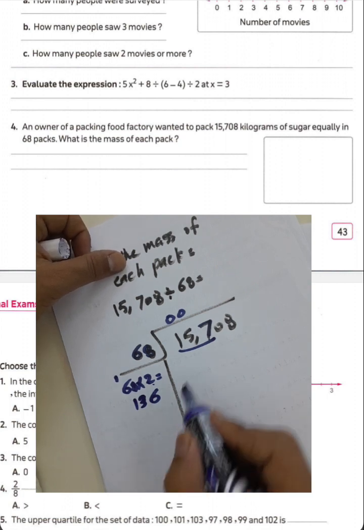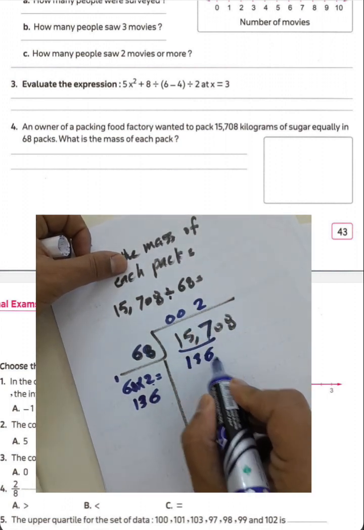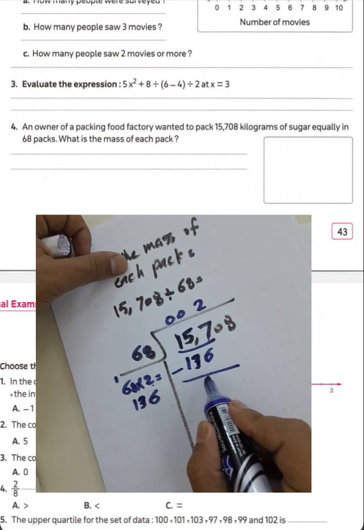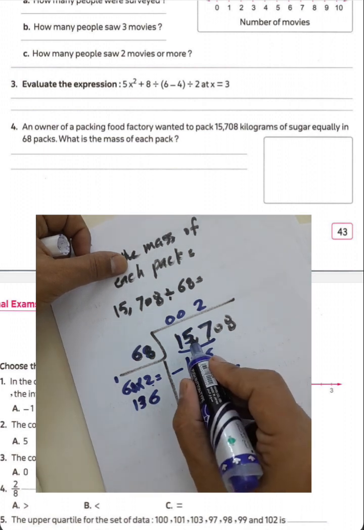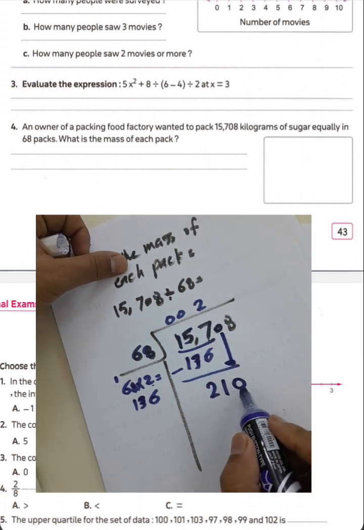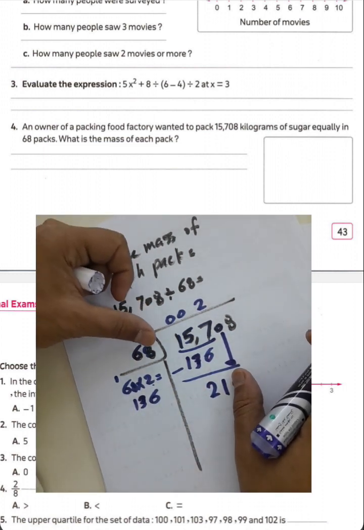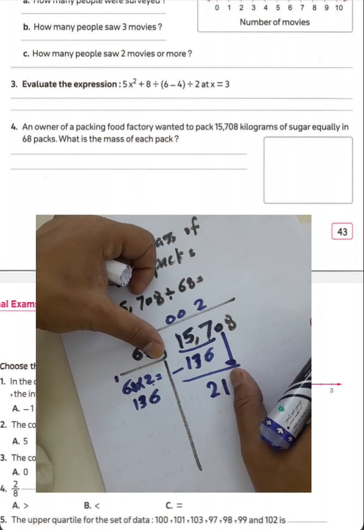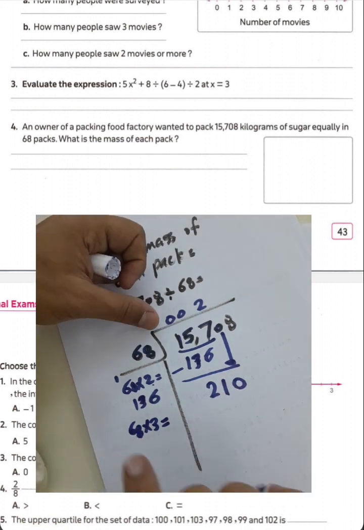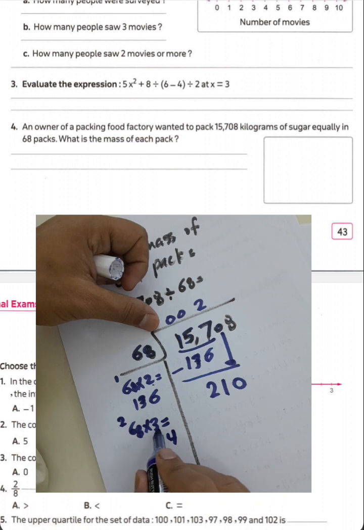So you must put 2 outside in the quotient and write 136 down here, and find the difference between 157 and 136. 7 minus 6 equals 1, and 5 minus 3 equals 2, 1 minus 1 equals 0, and then drop the next digit here, 0. 210 divided by 68, we take 1 digit by 1 digit, and 21 divided by 6, the nearest number will be 18. 3 times 6 equals 18, so 68 by 3, 3 times 8 equals 24, write 4 and carry 2. 3 times 6 equals 18, 18 plus 2 equals 20.